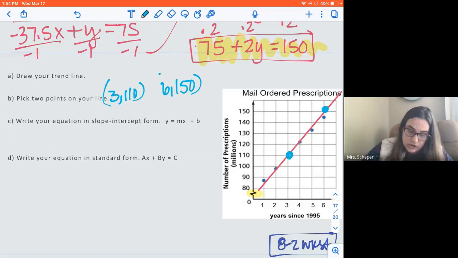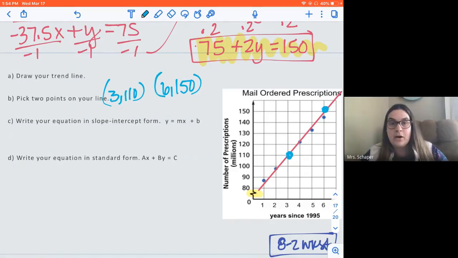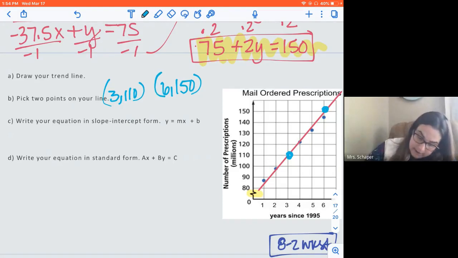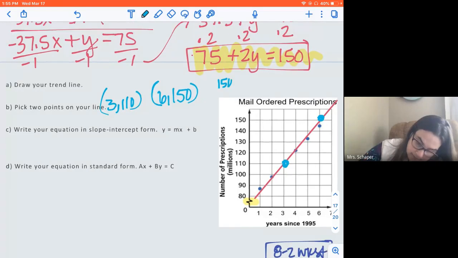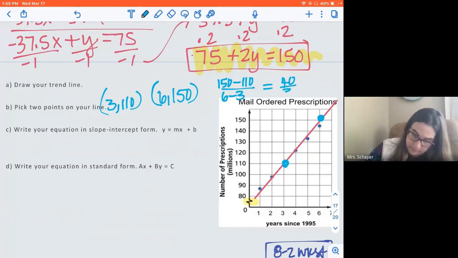All right. So now we have to write this equation in slope-intercept form. Again, pulling back our slope-intercept form skills, we have to solve for m and we have to solve for b. All right. So my m is when I take 150 minus 110 over 6 minus 3, which is 40 over 3.